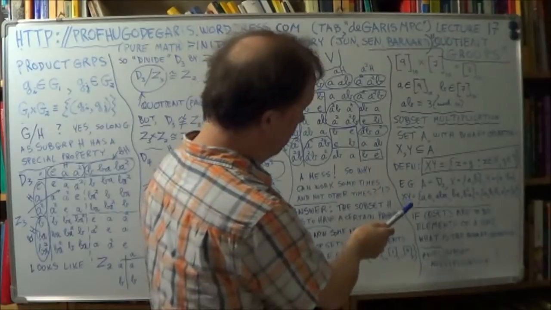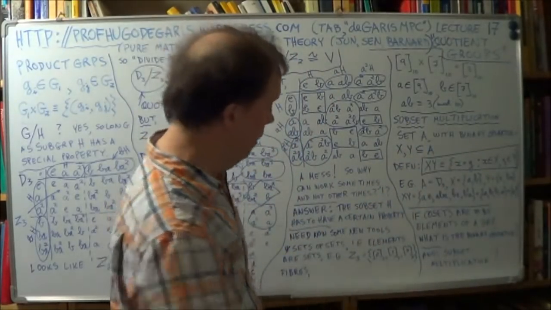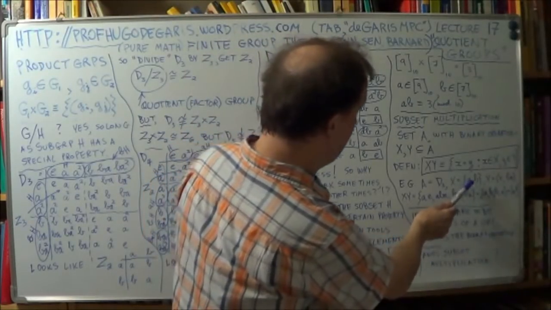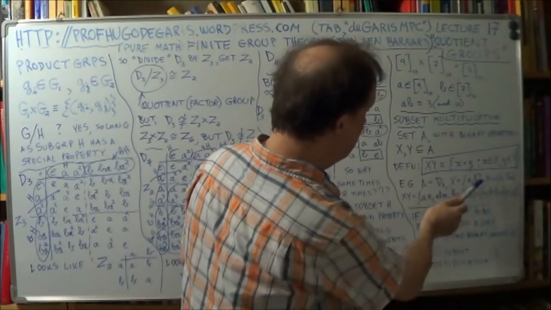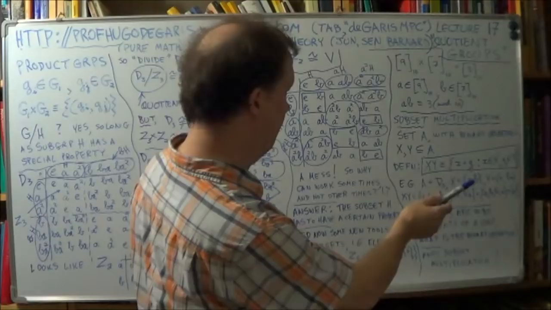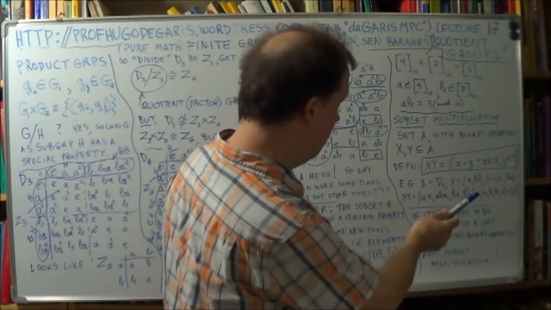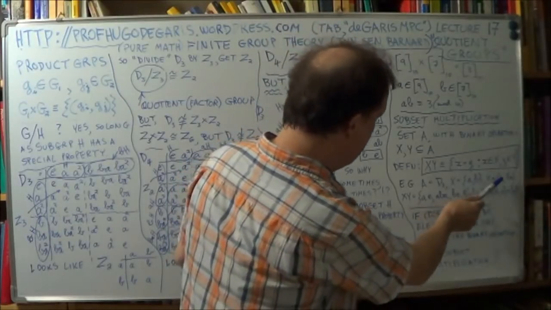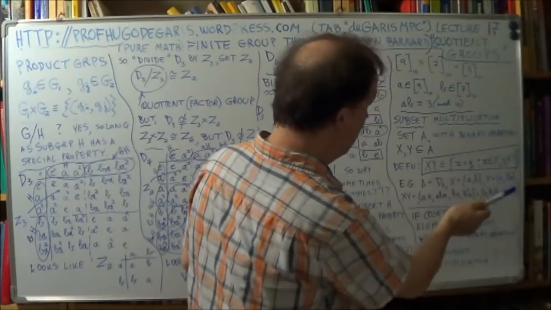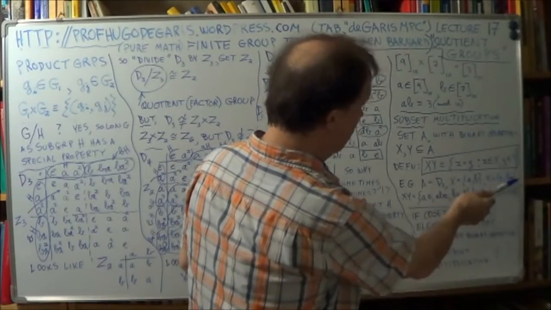And so the product, the subset product, if you like, XY would be A times E, sorry, hold on. It's A times E and A times BA, and then B times E and B times BA.